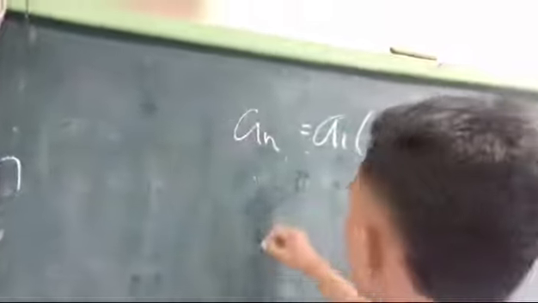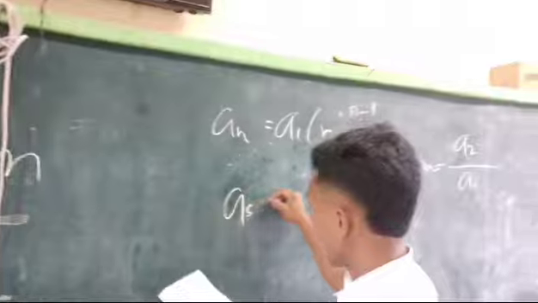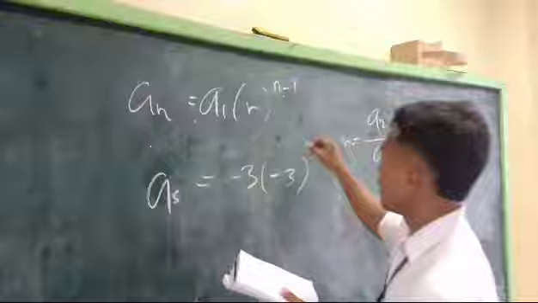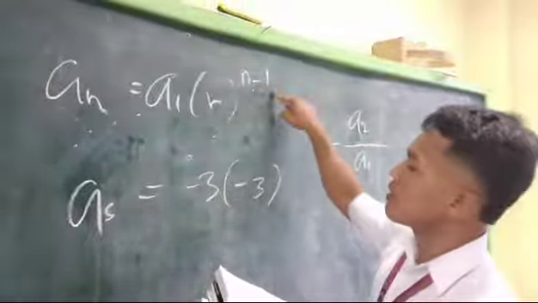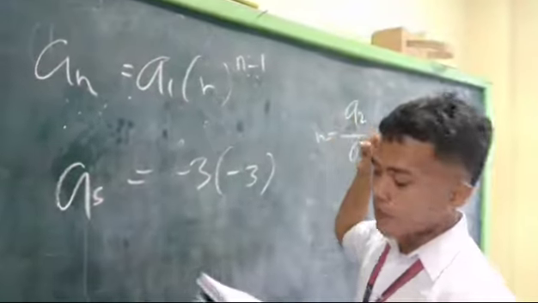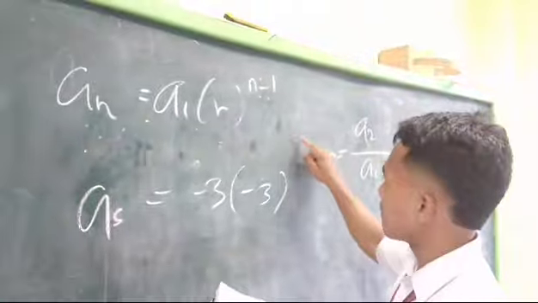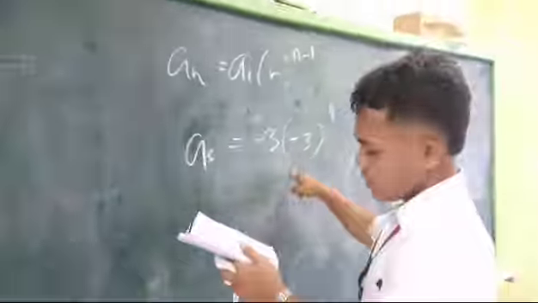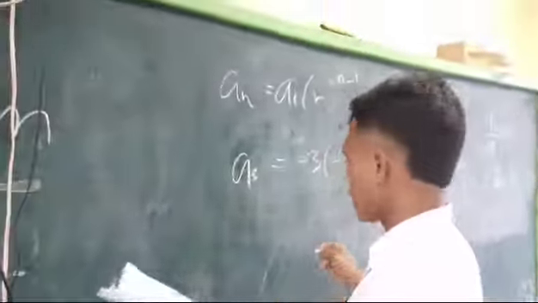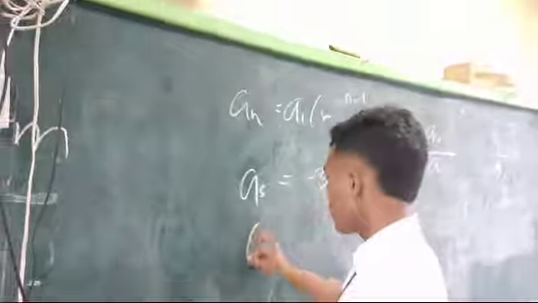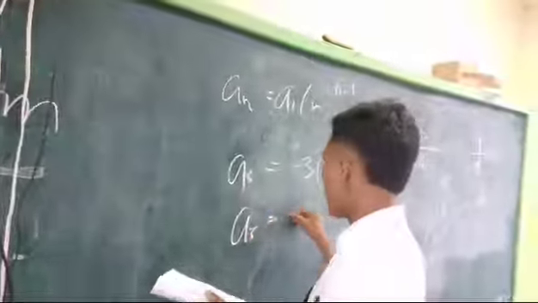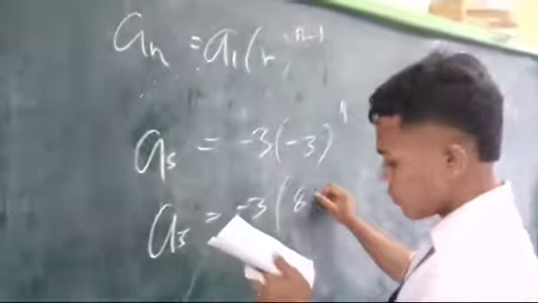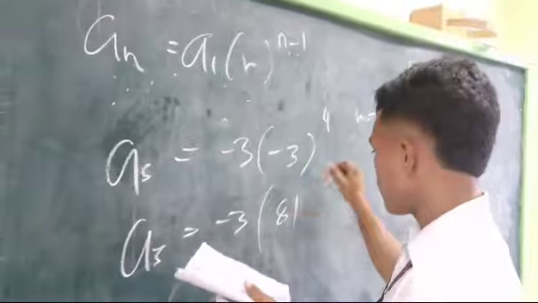So the fifth term, a sub 5, equals negative 3, the common ratio is negative 3, and our n is 4 because we simply subtract 1 from 5, so we have 4, right? So if you have this, you can continue solving. So a sub 5 equals negative 3 times 81.